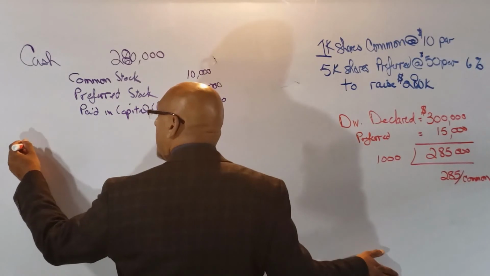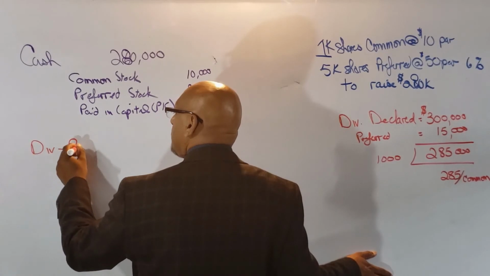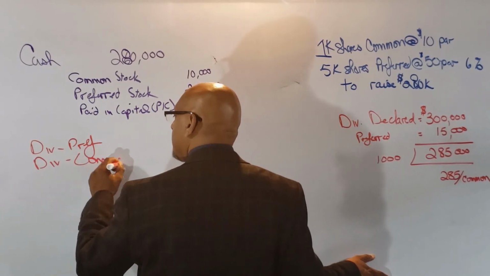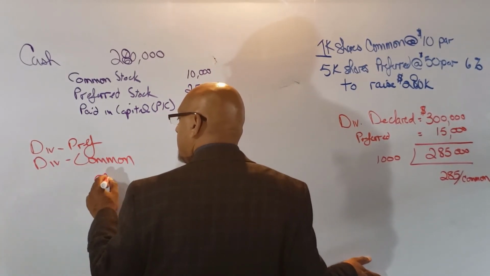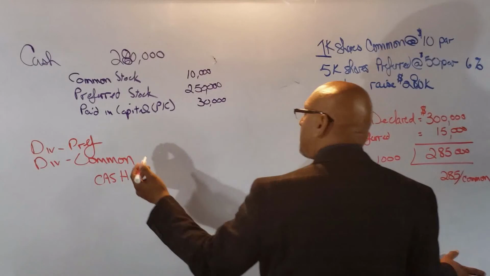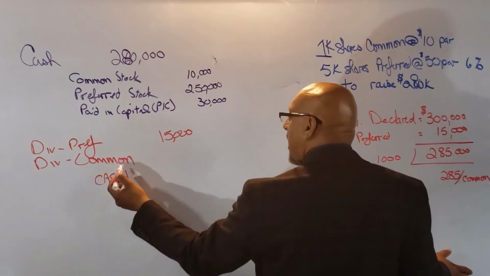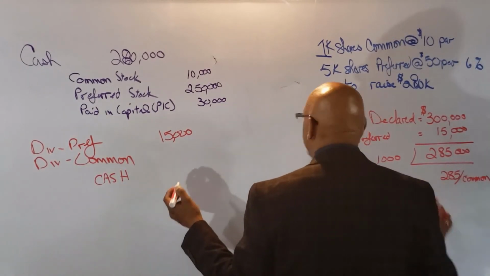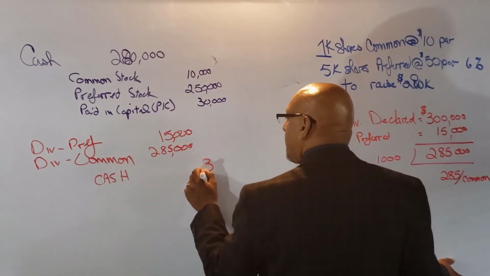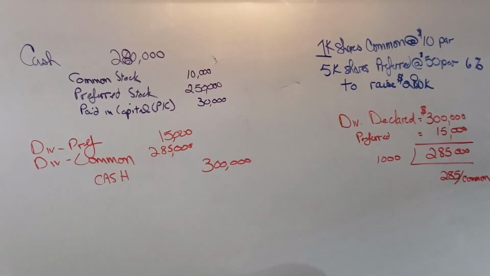So we're going to debit the preferred dividend expense, which is 15,000. We're going to debit the common dividend expense, which is 285. And we're left with 300,000 that we're going to credit cash to pay it.